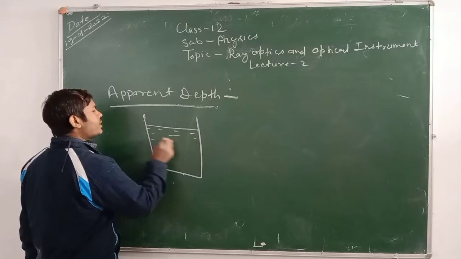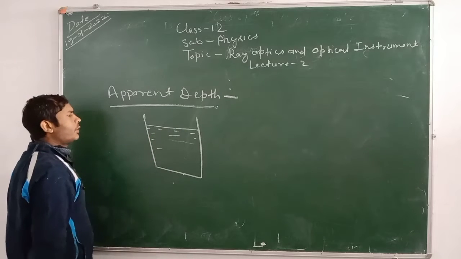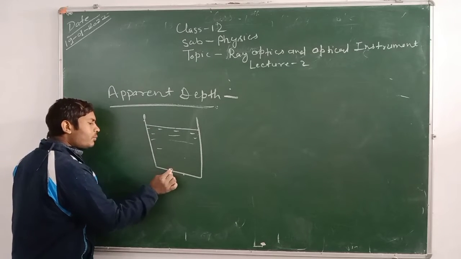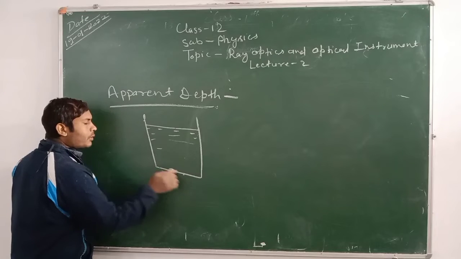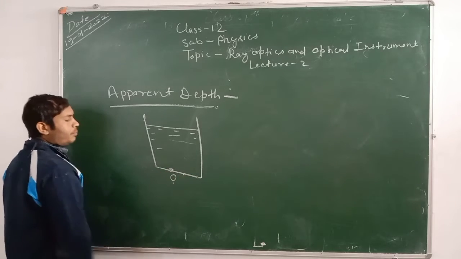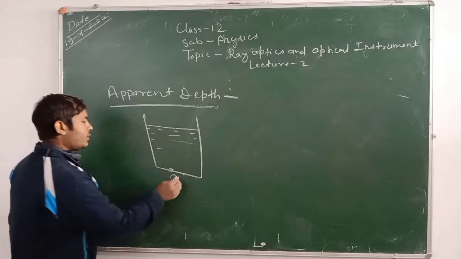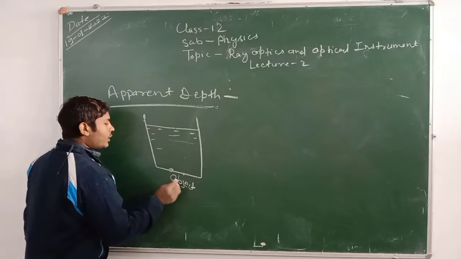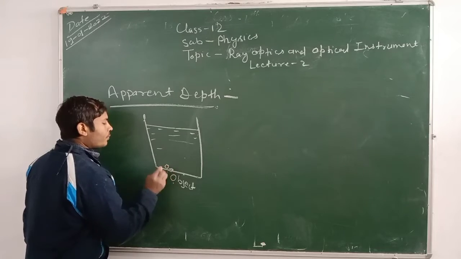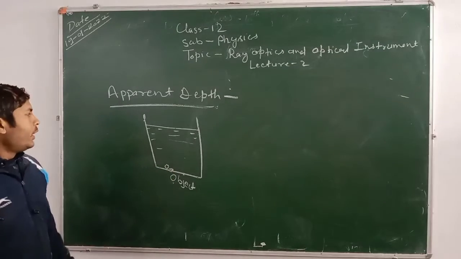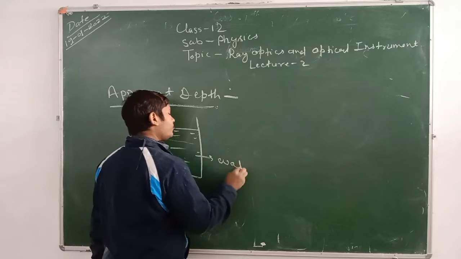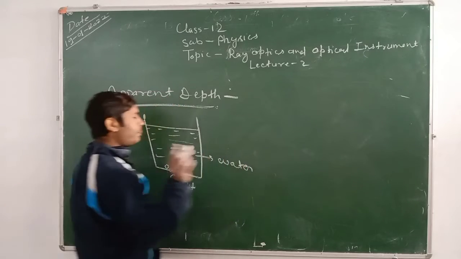It is the water level, and this is the surface of water. And there is an object which is kept at the bottom of this bucket at point O. Since it is water, what happens? Look here.